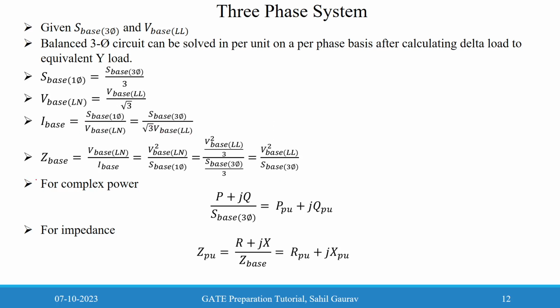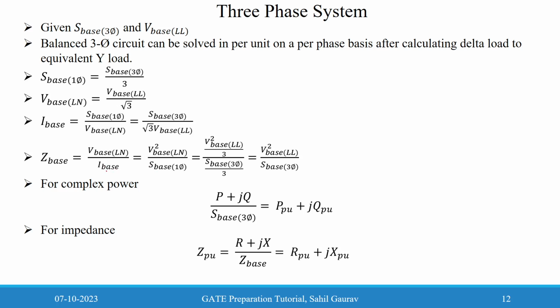Now for Z base, how are we going to solve? In the problem, the impedance values are always given per phase, so we consider the base value also per phase. The base impedance per phase will be V base line to neutral divided by I base.